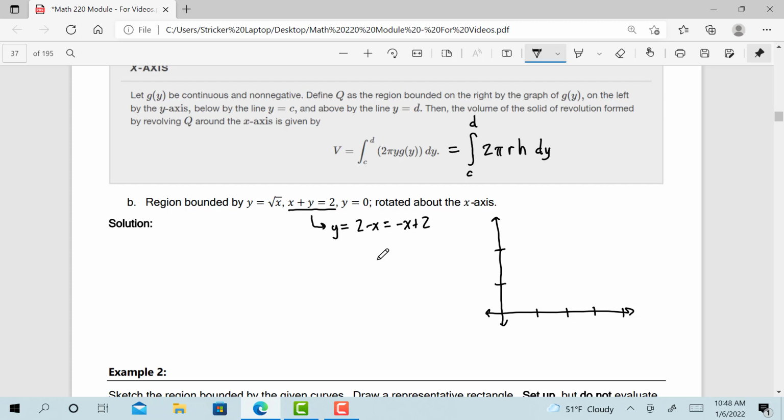This is going to be a line here. Starts at (0, 2), goes downward with a slope of 1. So it's also going to go through (1, 1), (2, 0). So here's our line.